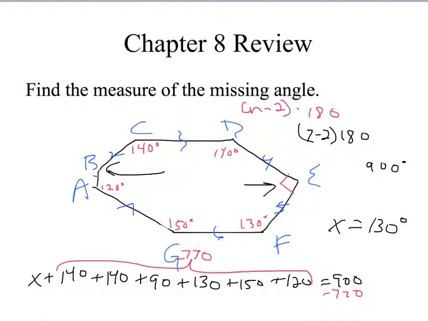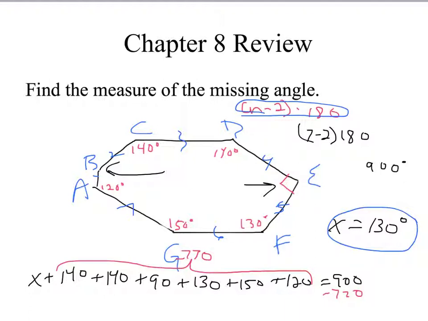Again, we used that formula that we know. We manipulated this formula into something we could use. So we plugged in n minus 2 times 180, we solved, and we got our answer of 130. Make sure, again, it is our last test in geometry.